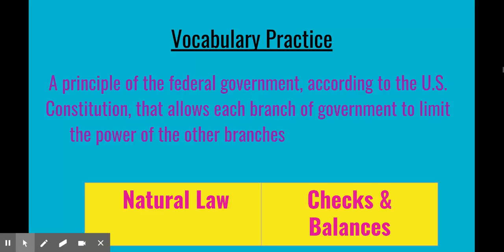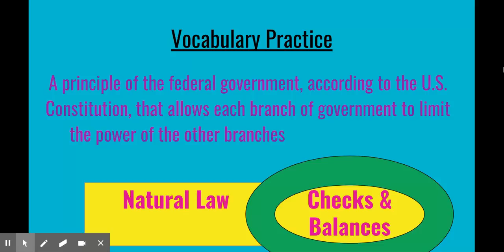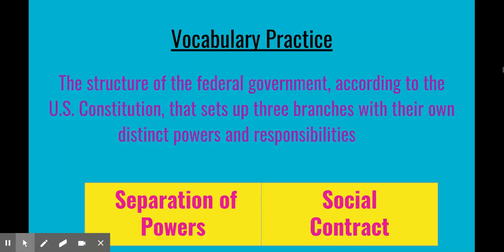A principle of the federal government according to the U.S. Constitution that allows each branch of government to limit the power of other branches is what term? Natural law or checks and balances? Checks and balances is the correct response.